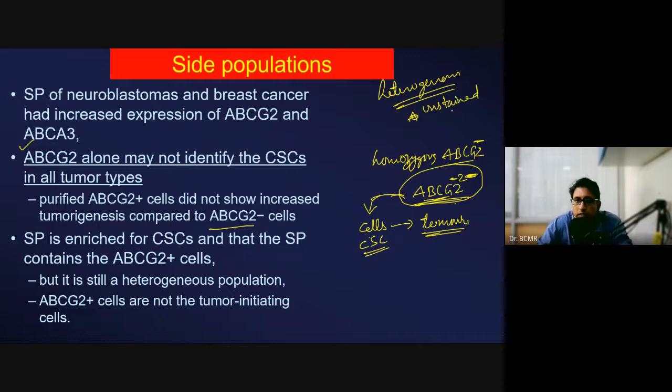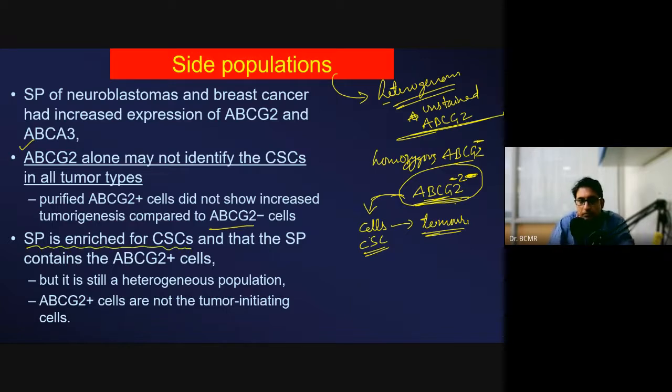And why are they unstained? It is because of expression of ABCG2. So the side population is still heterogeneous and probably is enriched for cancer stem cells, but not all the cells in this side population are cancer stem cells.